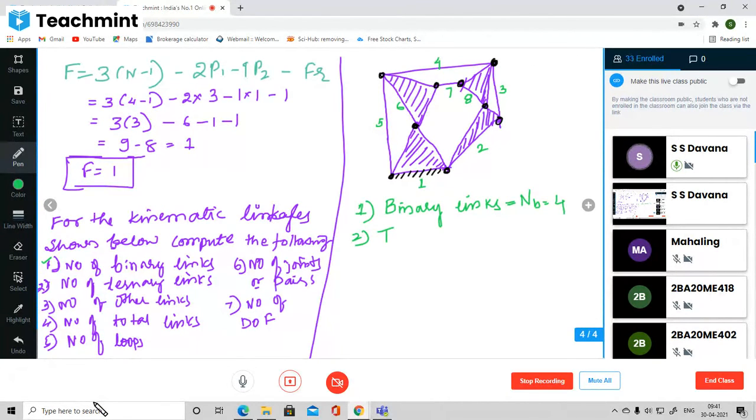The eighth one. So the number of ternary links here is also 4. Right. So is there any link which is of a quaternary nature or a pentanary nature?